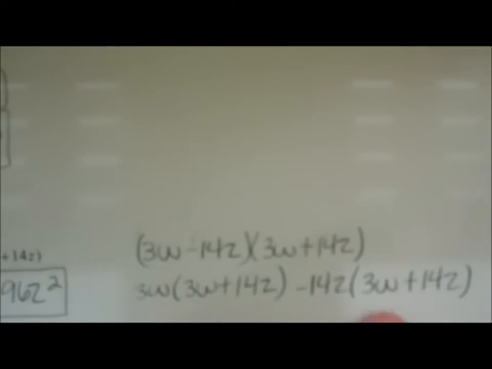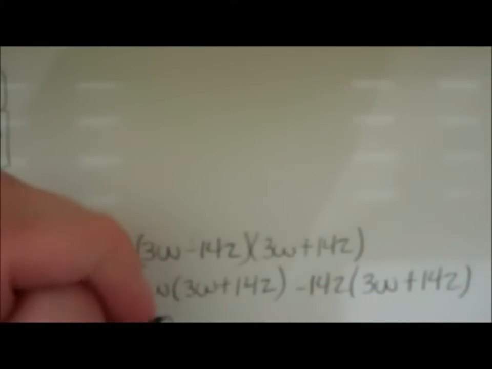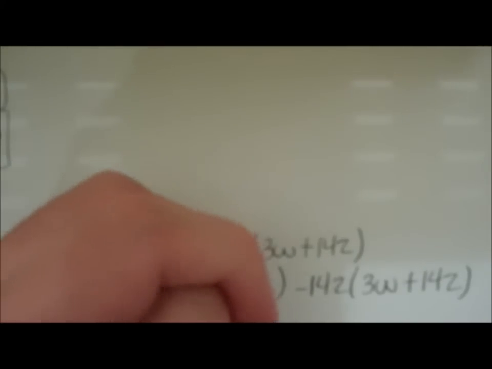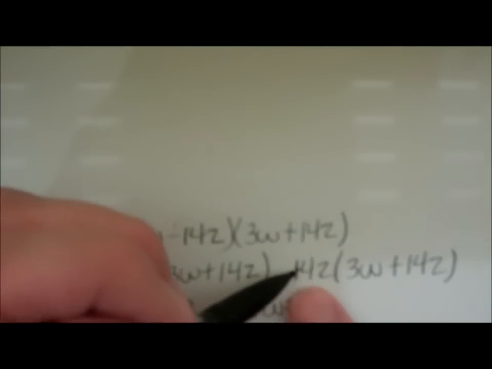Once you distribute, 9w squared, 14 times 3, I think that's 42. Yeah, so you get positive 42wz. Now when you distribute this negative 14z over, you get negative 42wz.